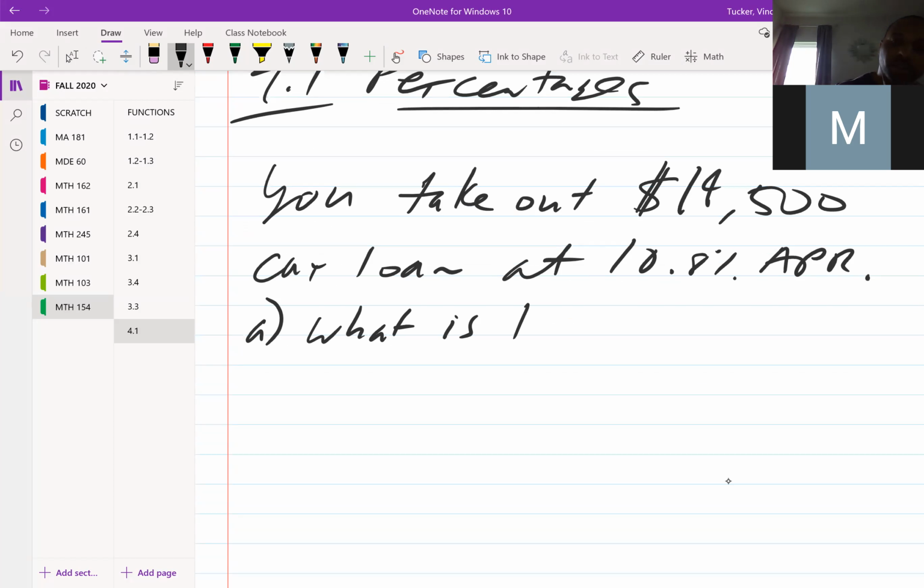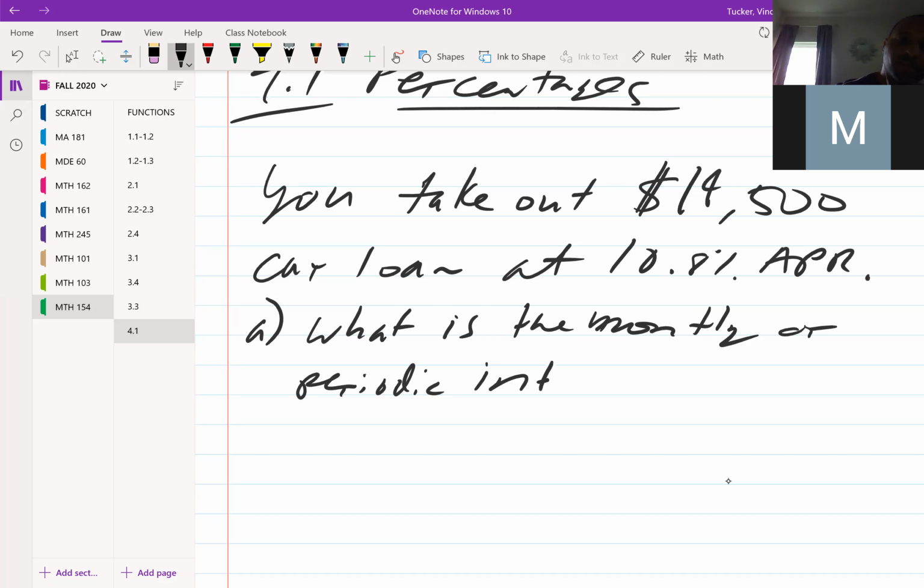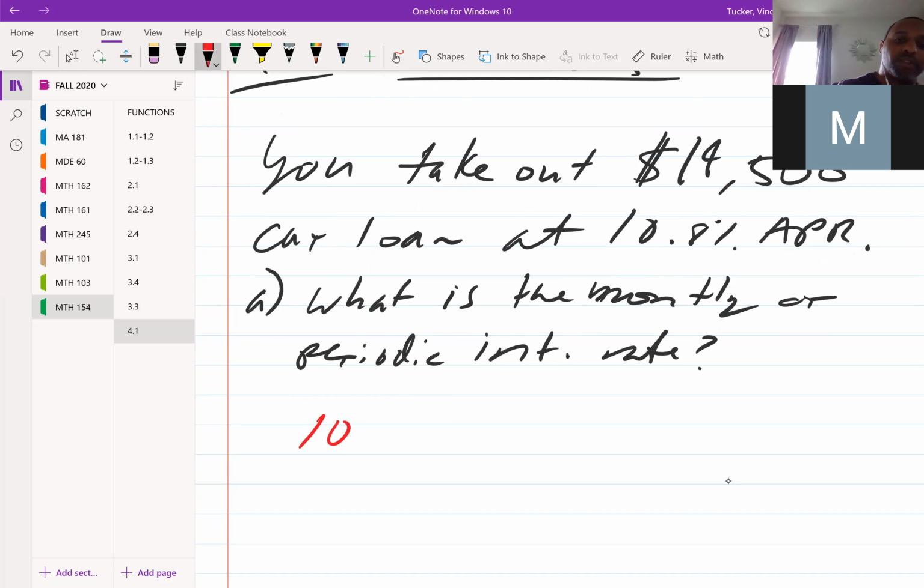What is the monthly or periodic interest rate? So that 10.8% is annual. So you want to know monthly, divided by 12, and that's 0.9%.